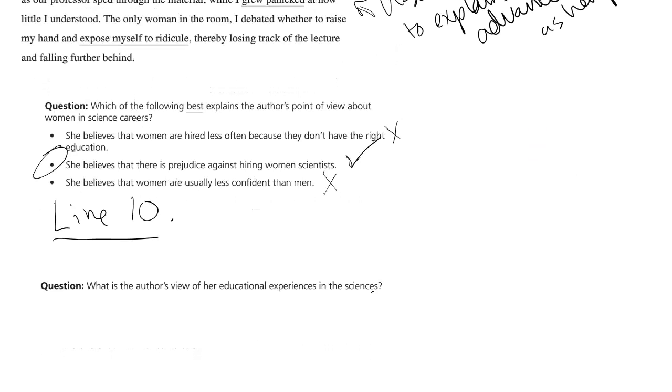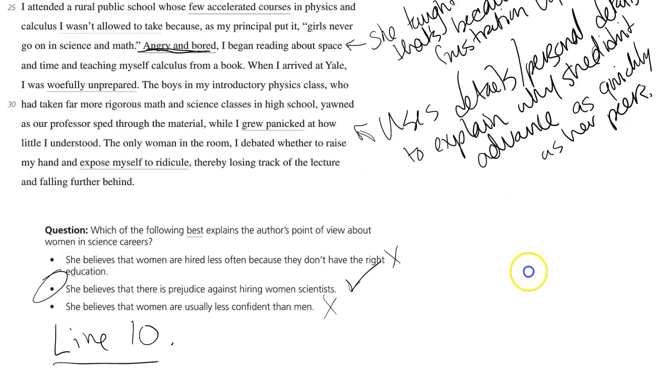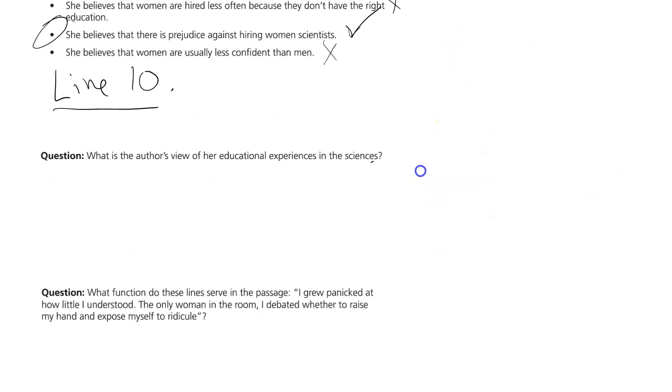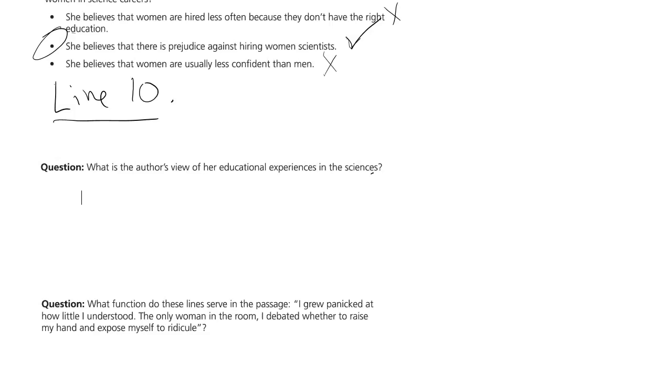Question 2, what is the author's view of her educational experiences in the sciences? Earlier we noticed that phrases like "angry and bored," "I grew panicked," and "concerns me deeply" definitely demonstrate that she had a negative experience in the science field. And so let's get that down.